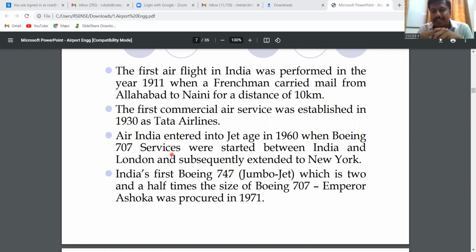विमानाचा शोध कुणी लावला रे? सगळ्यांना माहिती आहे. Can anybody give me the answer? Who has invented the aircraft? कुणी लावलाय विमानाचा शोध? Right, बंधू? Correct? Am I correct?